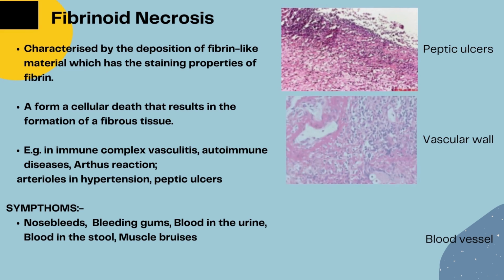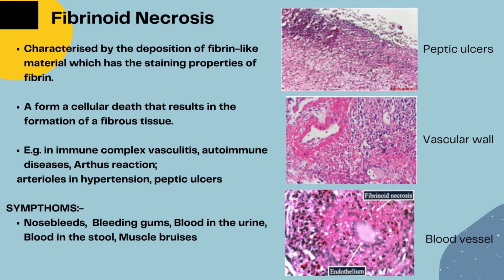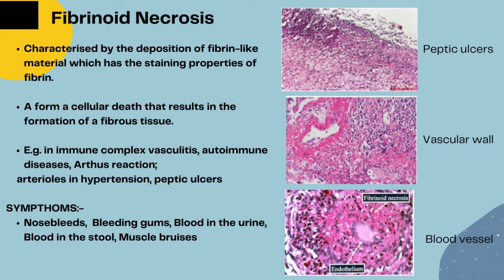Well, you are 100% right about fat necrosis, CJ, and also the description about fat necrosis. As for the final necrosis that we are about to see, it is fibrinoid necrosis. Fibrinoid necrosis is characterized by the deposition of fibrin-like materials which have the staining properties of fibrin. Basically, fibrinoid necrosis is a specific pattern of irreversible and uncontrolled cell death.